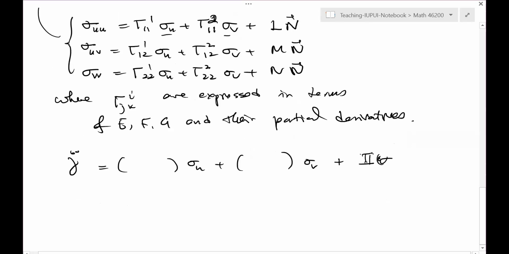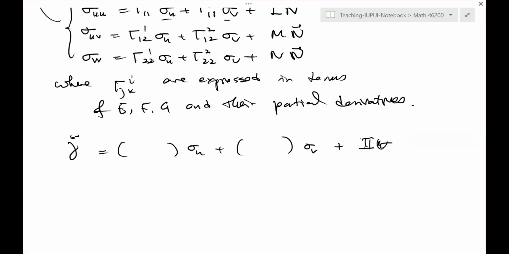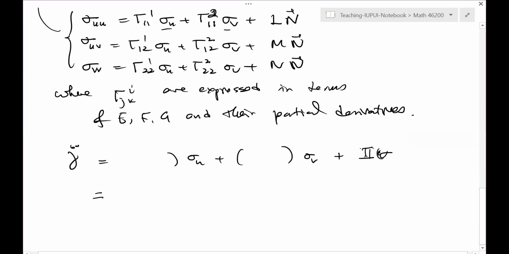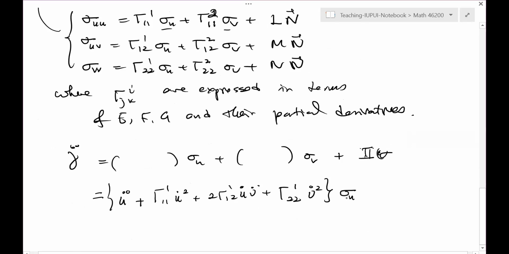All right, so I'm going to keep track on that. So let's see. I'm pretty sure this is u double dot plus gamma 1 1 u dot square plus twice gamma 1 2 u dot v dot plus gamma 2 2 1 v dot square. Okay, that's sigma u. Just straightforward, right?